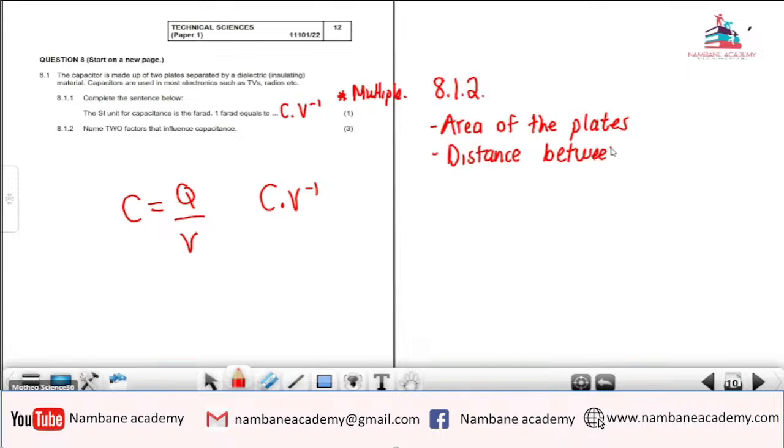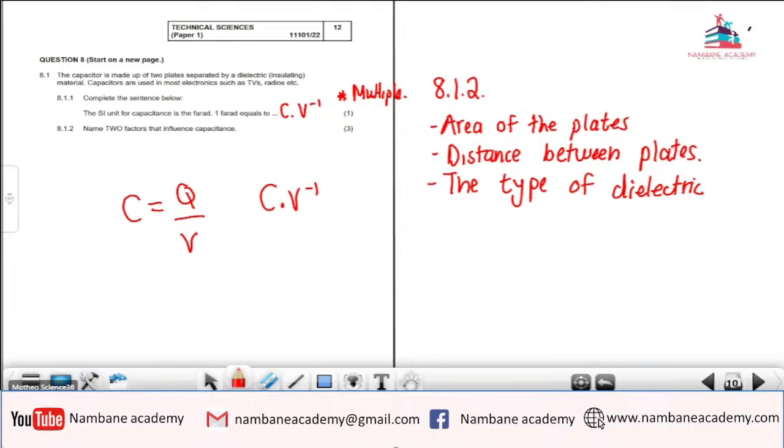We must be technical because we are doing technical science. And what else? The type of dielectric, because as I showed you there, if it is air, it's 1, but if it is glass, it's 7, and there are many other dielectrics given to us.